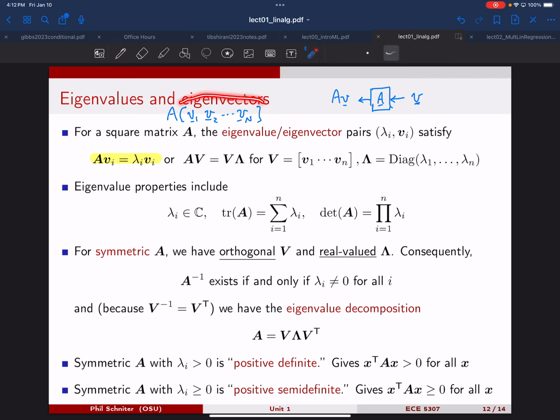You could call that matrix of horizontally stacked eigenvectors capital V. Now we're talking about A times V. Well, to get the right side, you would have that diagonal matrix of lambda 1 through lambda n times that same matrix of v1 through vn.